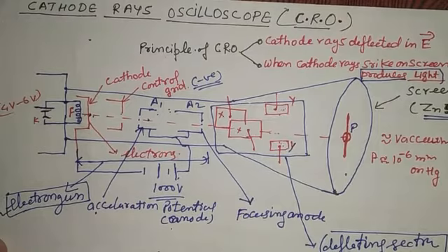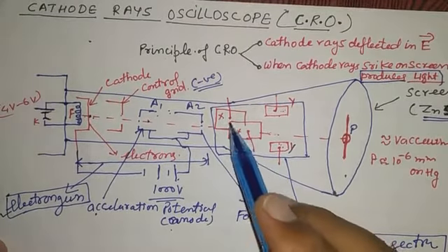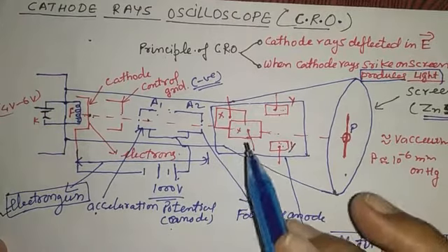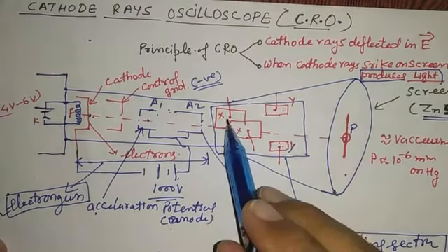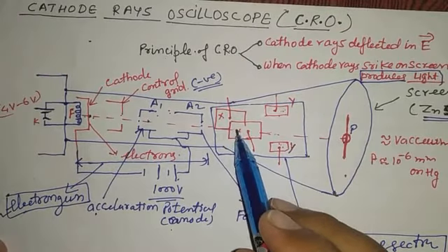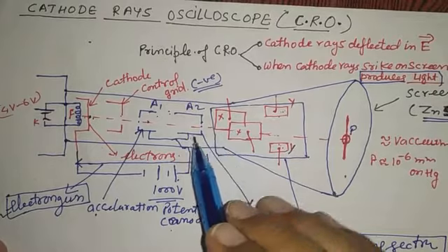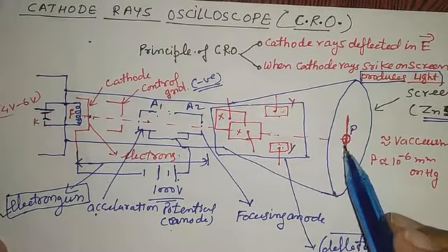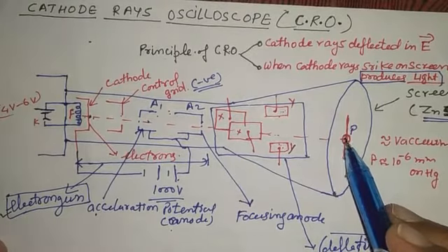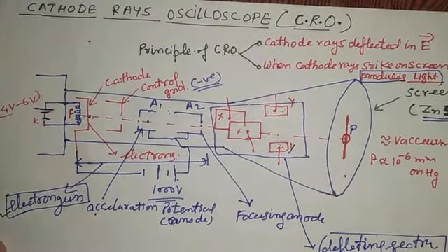When this potential is applied along the XX plates here in the system, this potential is called the spatial varying potential. In this spatial varying potential, its value is increased gradually from 0. In that condition, the vertical line is now spread along the horizontal plane.